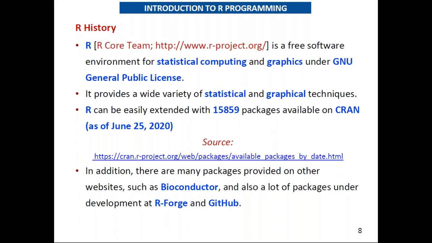In addition, there are many packages provided on other websites such as Bioconductor, and also a lot of packages under development at RForge and GitHub. Some other sources also provide packages. So this is the flexibility of R with respect to packages.